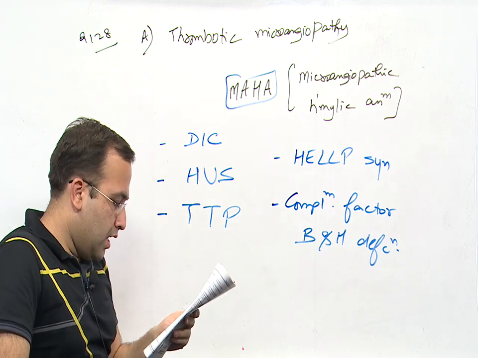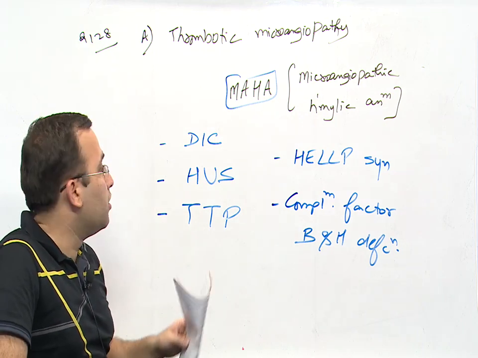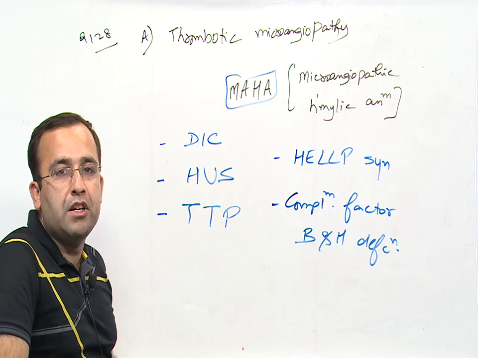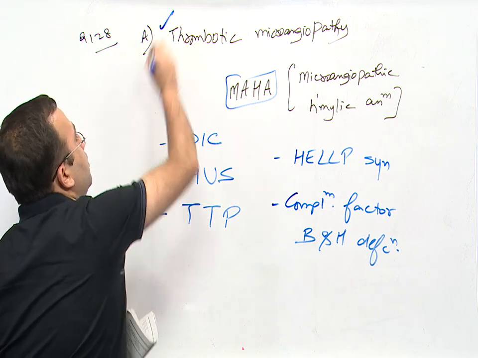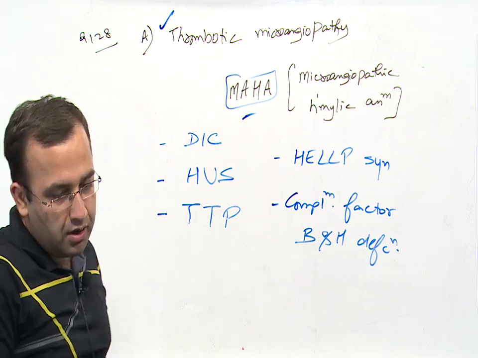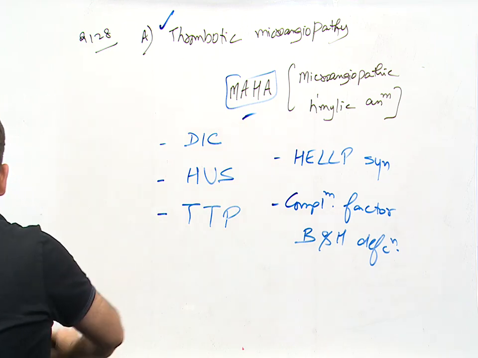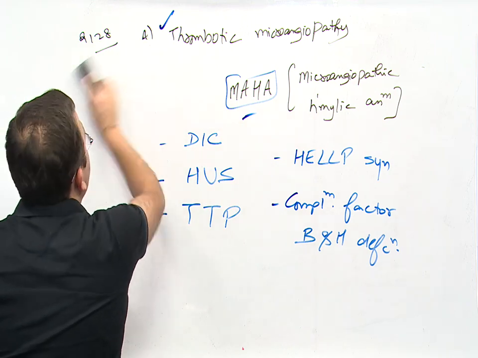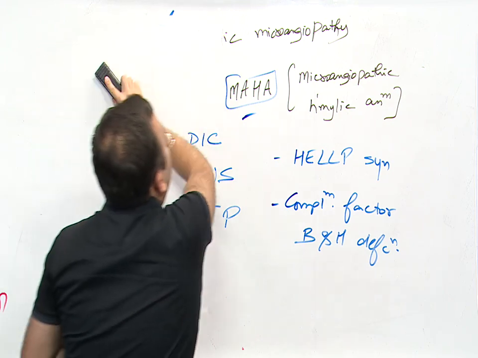So the question is asking about the characteristic feature of HUS, thrombotic microangiopathy, because it is a component of MAHA. Next, question 129.